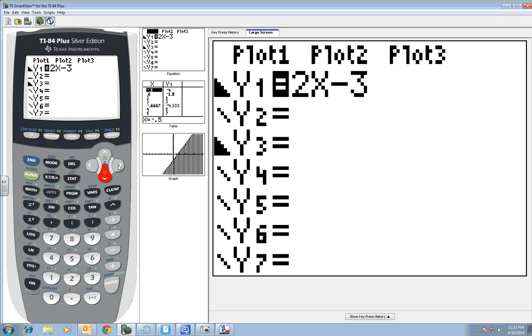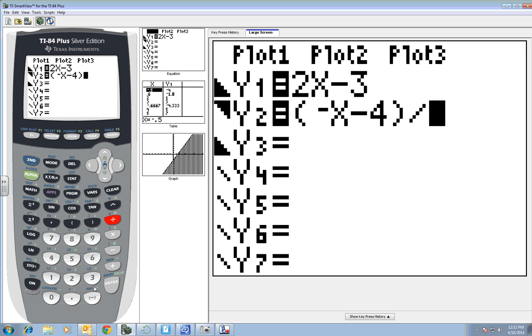Y2, the equation is negative x minus 4 over 3. So you need to either put parentheses around that top or use your fraction button. And then it's greater than, so I'm going to go before my y, and I'm going to press enter until it shows that it's shading above. And then this one is negative x minus 4 divided by 3.